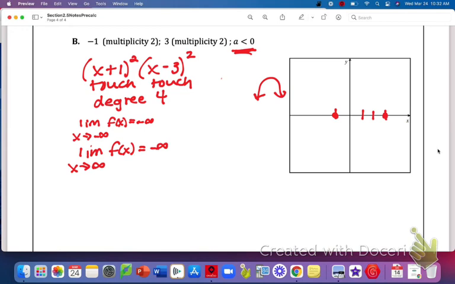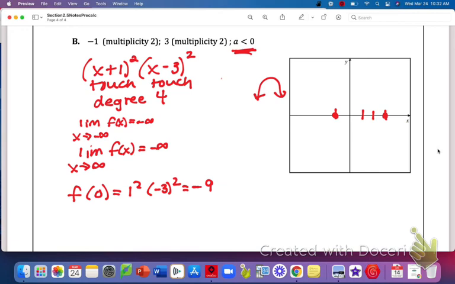Let's find that y-intercept. Plugging in 0 will get me 1 squared times negative 3 squared, so 9, right? Oh, nope, it's not going to be positive 9, because my leading coefficient has to be negative. So this multiplies to get to 9, but I need my leading coefficient to be negative, which would then make that a negative 9. All right, so then what do we got?